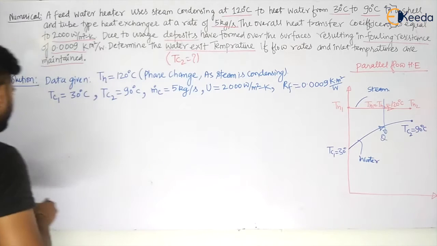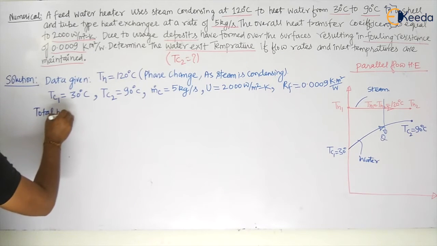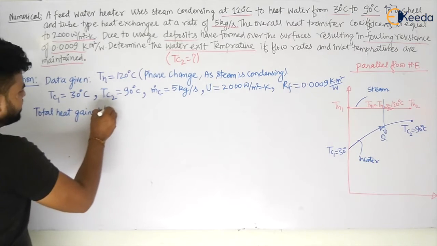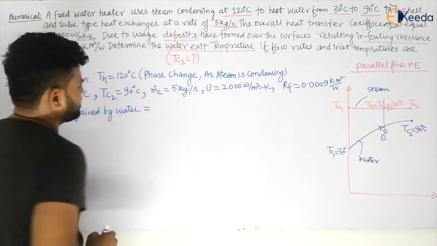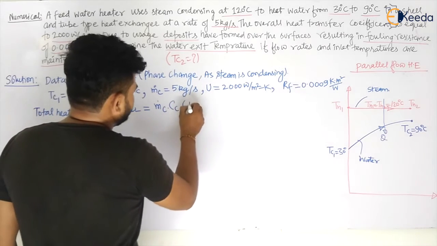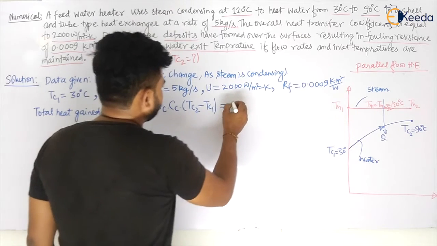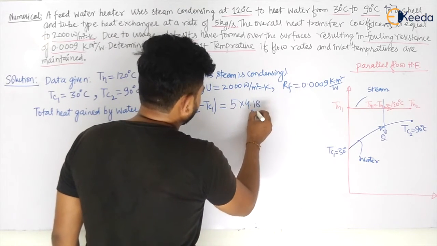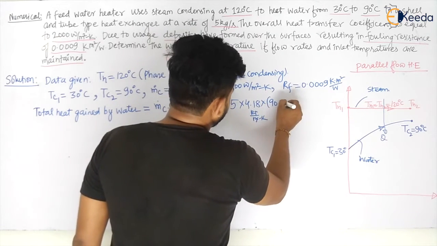Total heat gained by water can be given by m dot c_c into (TC2 minus TC1), which is equal to 5 multiplied by the specific heat of water, 4.18 kilojoule per kg Kelvin, multiplied by (90 minus 30).